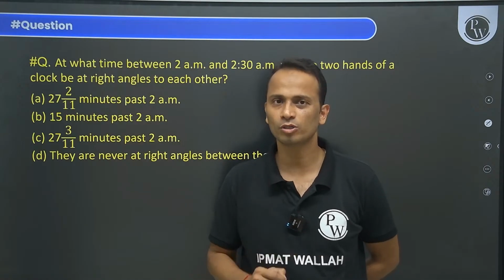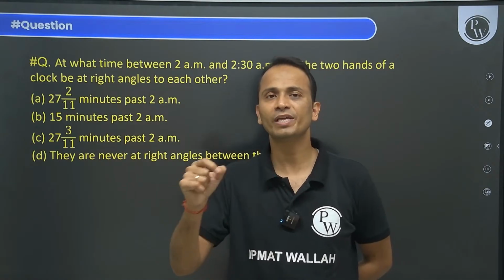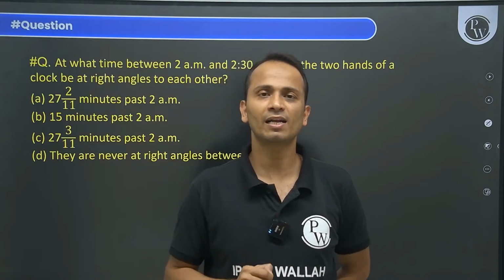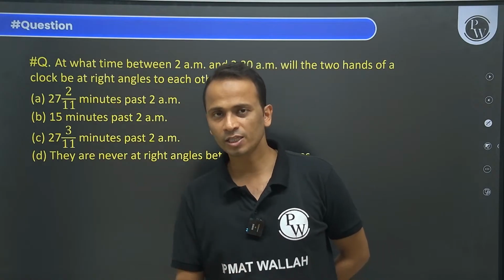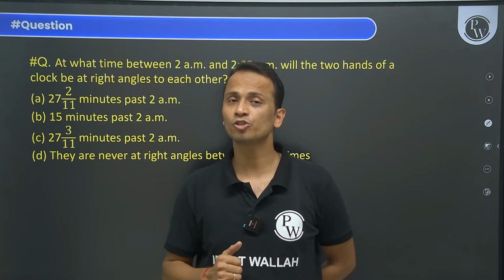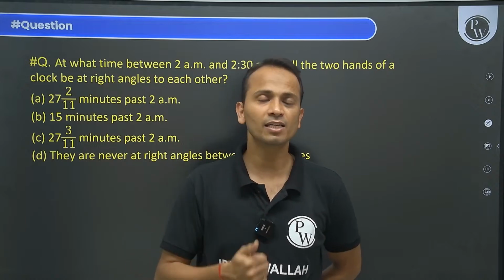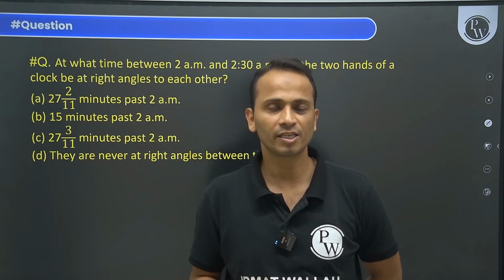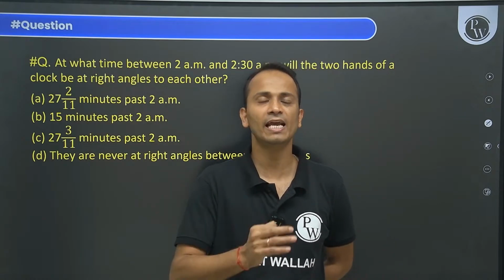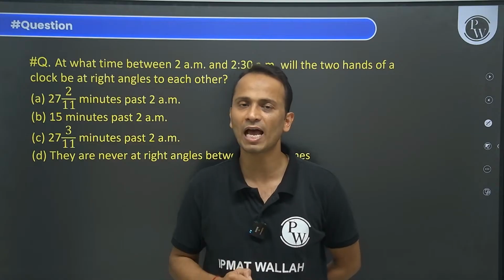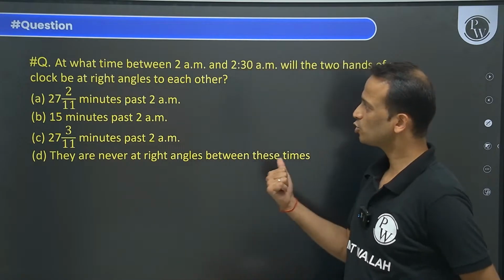Number one was for a given time, how we can find out the angle between the hour hand and minute hand. On the other hand, like the reverse of this question, if the angle between hour hand and minute hand is given, then how we can find out the exact time at which a particular angle will be formed. So let's solve this question.